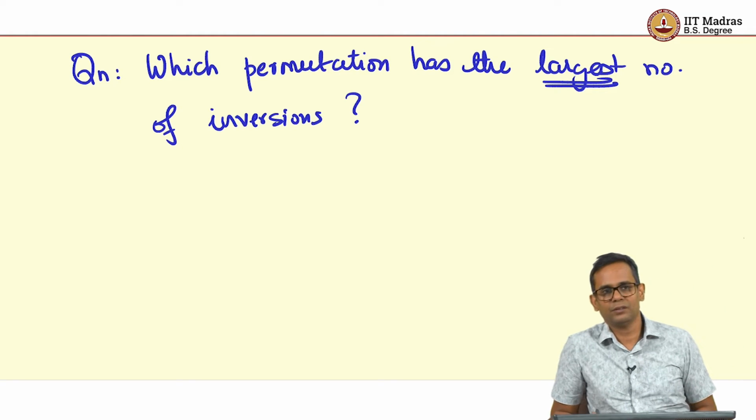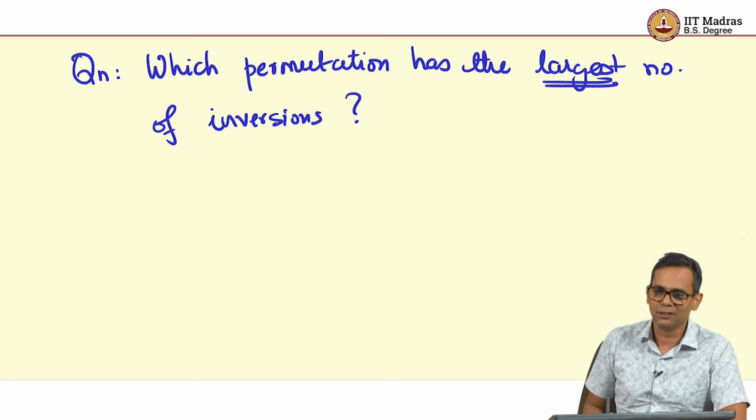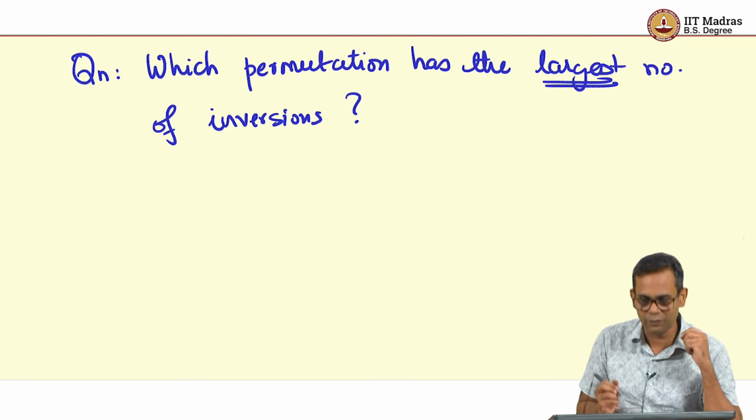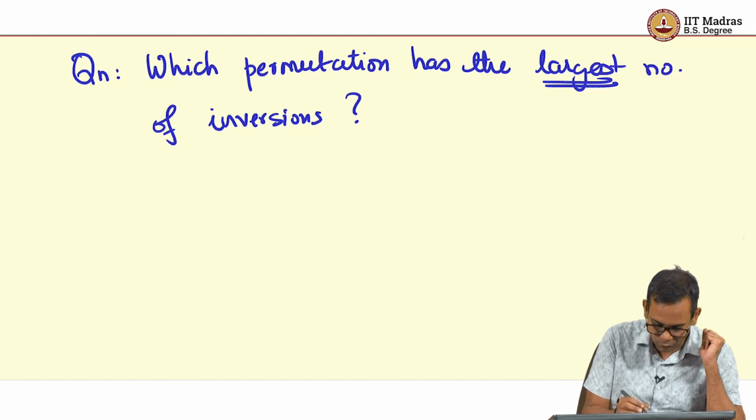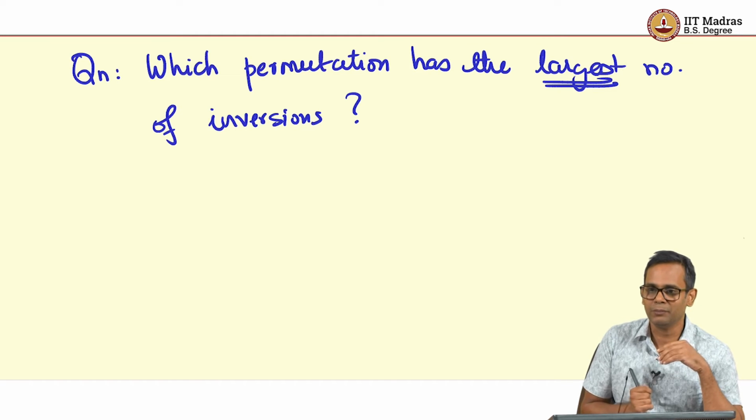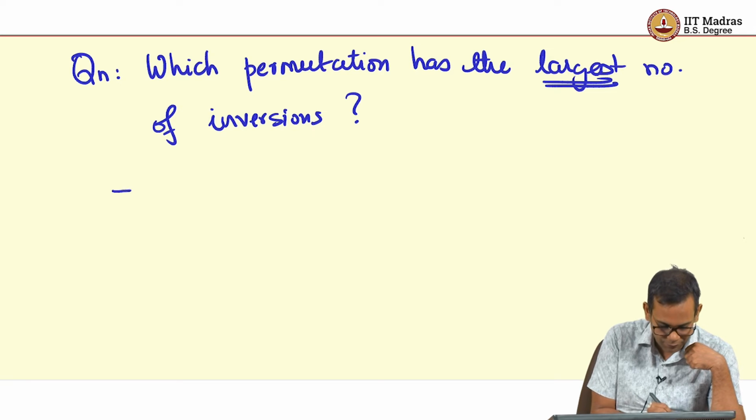Again, I am sure you will be able to guess the answer quite easily, but again let me go with the inversion table which I seem to like so much. What is the inversion table going to be? We need to max out all the B's, so we need to have the inversion table where every Bi is the maximal possible.